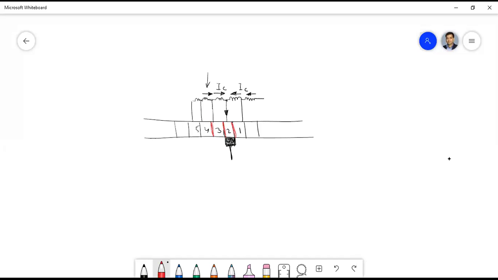Mica is used to separate two commutator segments, but it is very thin. For this particular exercise, we will neglect the thickness of the mica and assume that the width of the brush is equal to the width of a single commutator segment. So at this particular position, the brush will carry how much current?